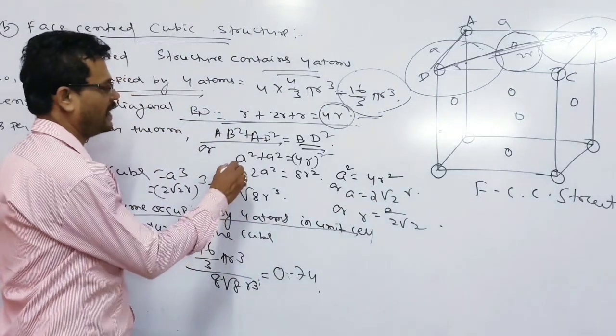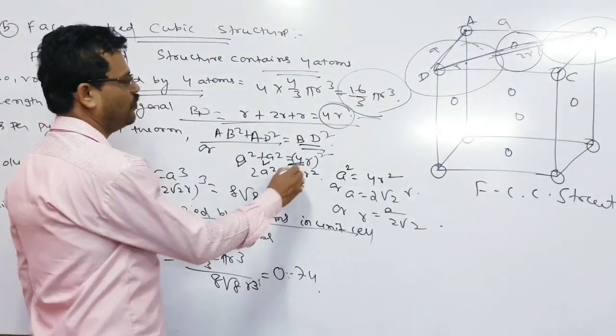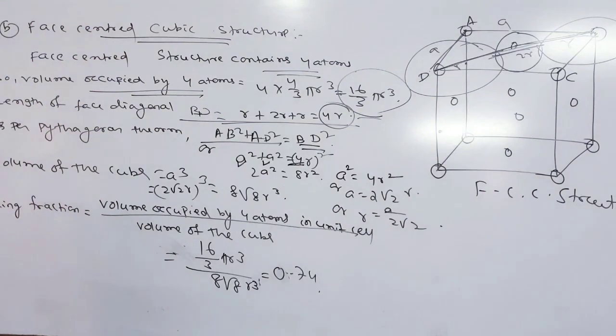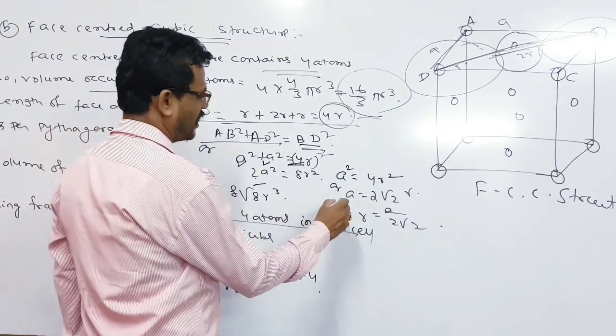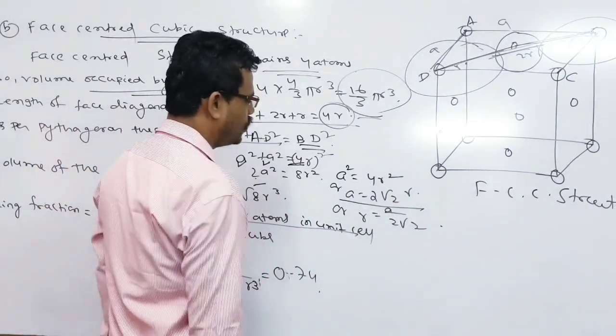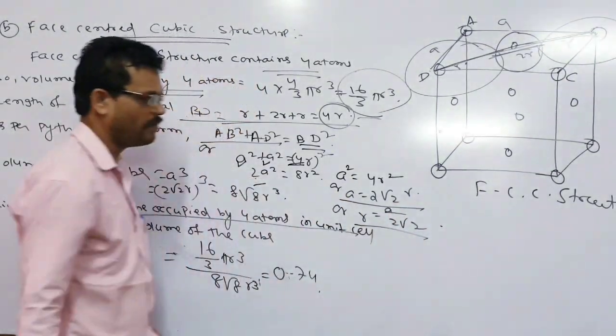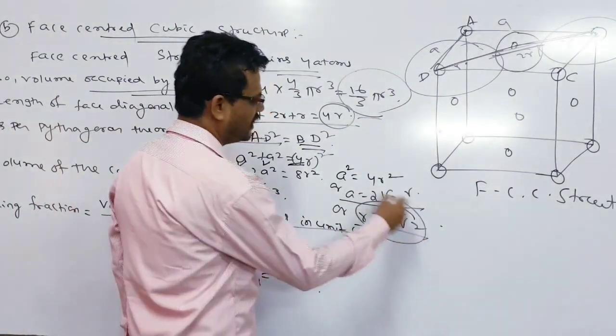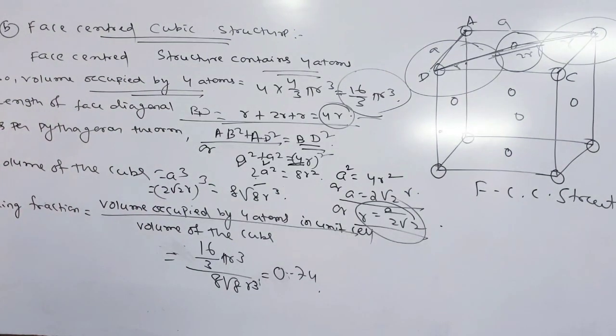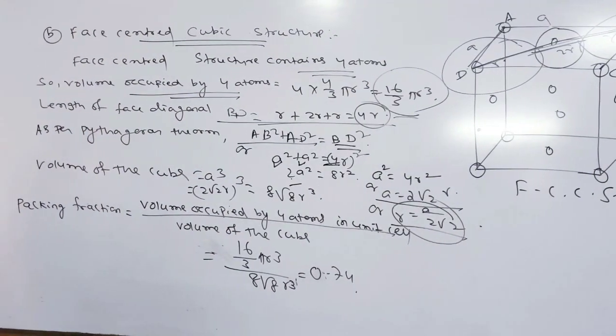So a square plus a square is equal to 4r square, where 4r is the diagonal length BD. So 2a square is equal to 16r square, or ultimately a is equal to 2 root 2 r, or r is equal to a by 2 root 2. So this is the relation of edge length with the radius of the face centered cubic structure.